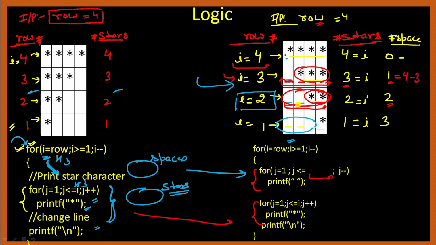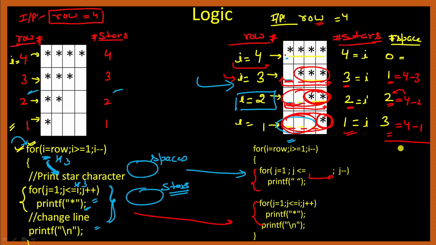Total places are 4, 4 minus count of stars, that is 4 minus 2. So I will get 2 spaces. Now here again 4 places are there, 4 minus the count of star, which is 1. 4 minus 1, I will get the remaining spaces, that is 3, right?